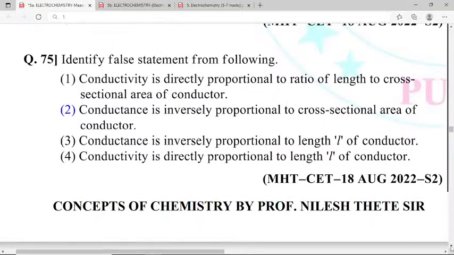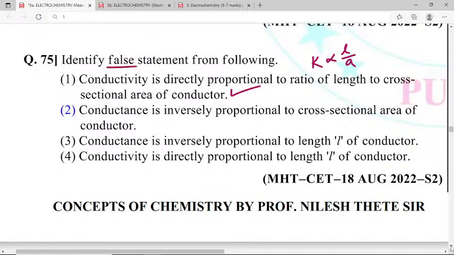Identify the false statement from the following. Conductivity is directly proportional to the ratio of length to area, correct. Conductance is inversely proportional to the cross sectional area of the conductor. No, this is the false statement.